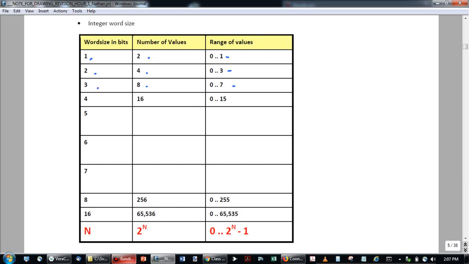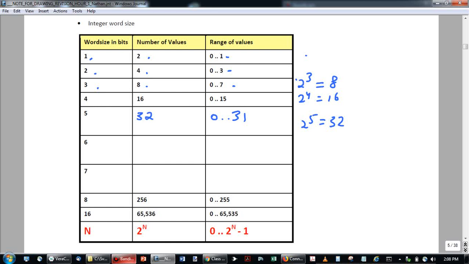So 2 to the 3 is 8, 2 to the 4 is 16, so 2 to the 5 would be 32. It just doubles each time. So in 5 bits, I can represent 32 things, and the range would be 0 to 31, 1 less than that. You can keep doing this for all these different values.